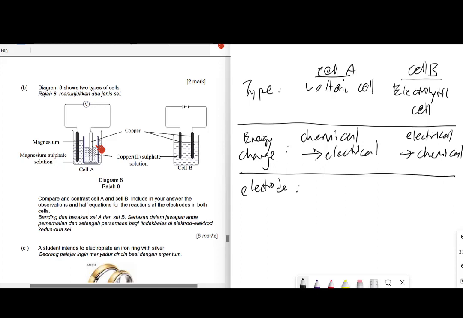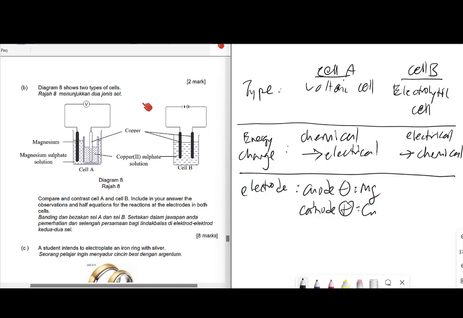For the anode, here we call it the negative, it belongs to magnesium, so I just write the symbol Mg. While the cathode, in other words the positive, is copper. So the negative electrode is magnesium, the positive electrode is copper.